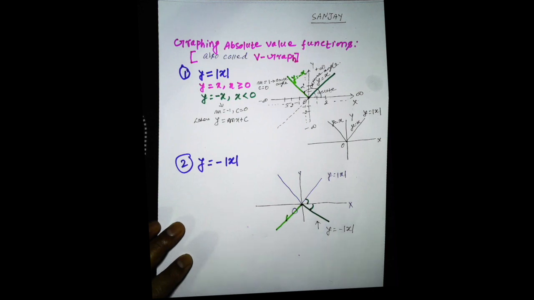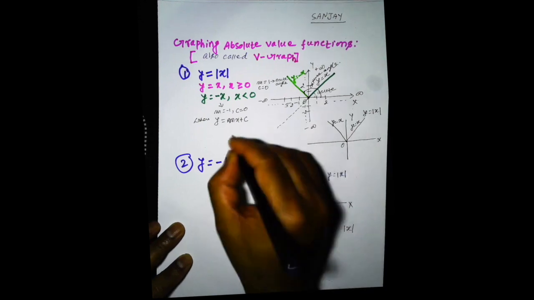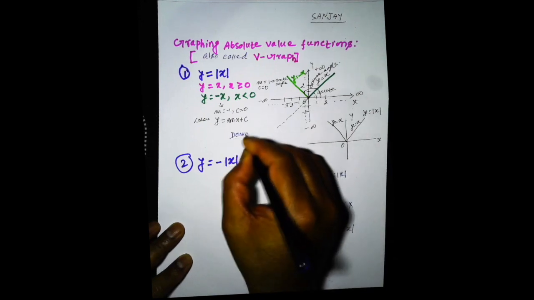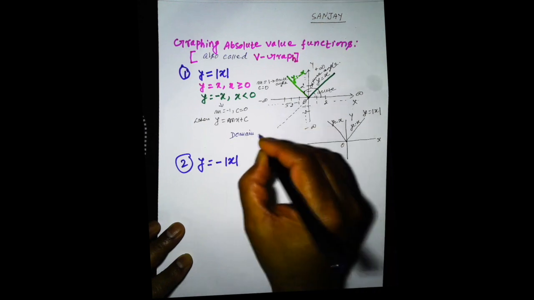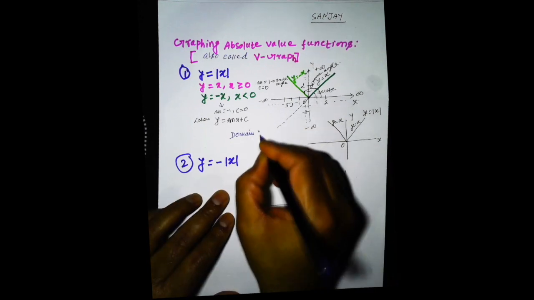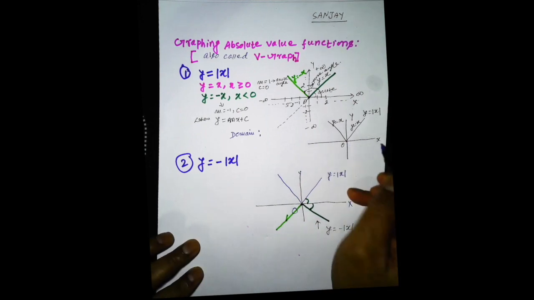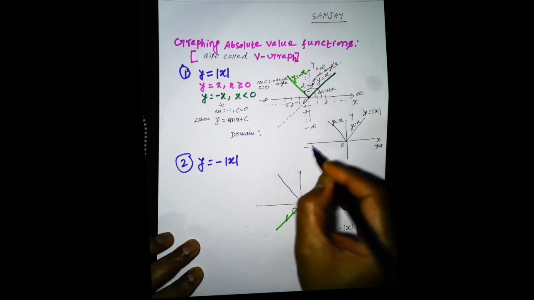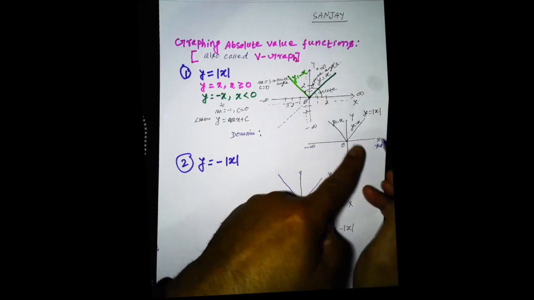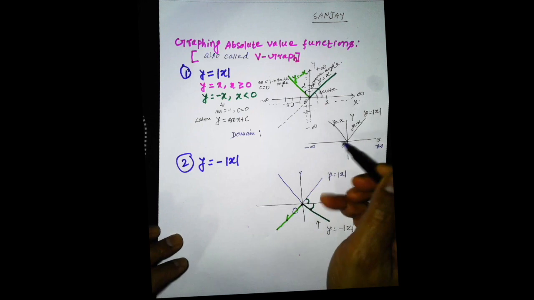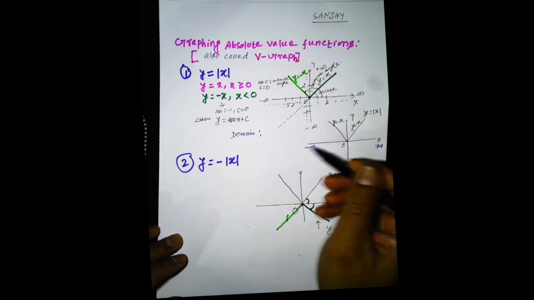So the range and domain of this function, first the domain. For this function, x can take values 1, 2, 3, 4, 5 up to plus infinity, and similar steps towards negative infinity.